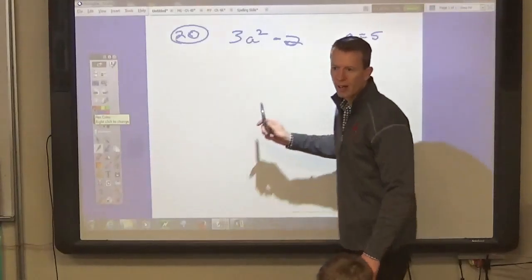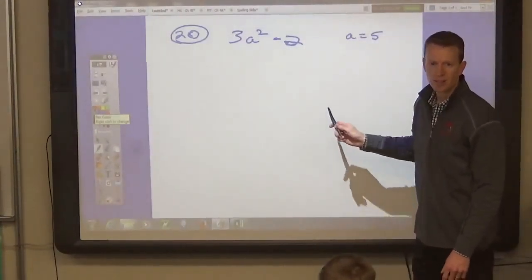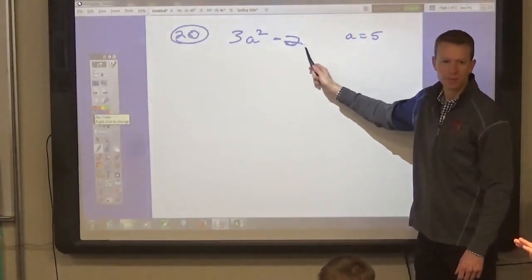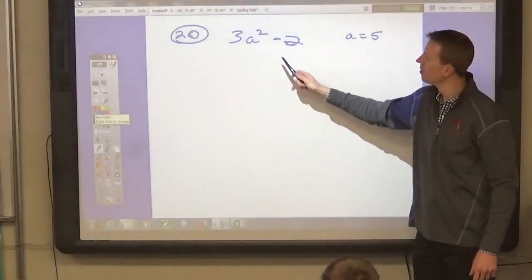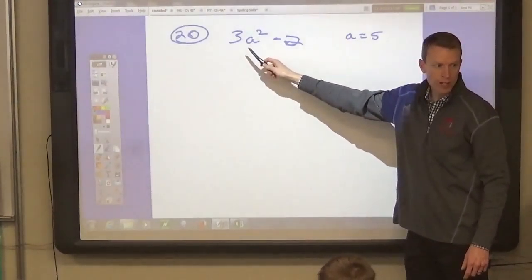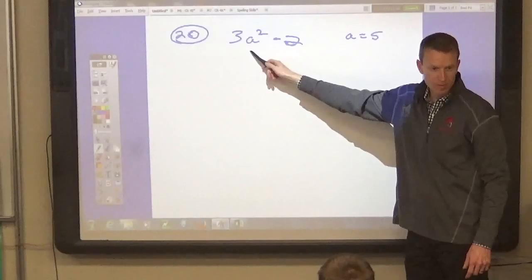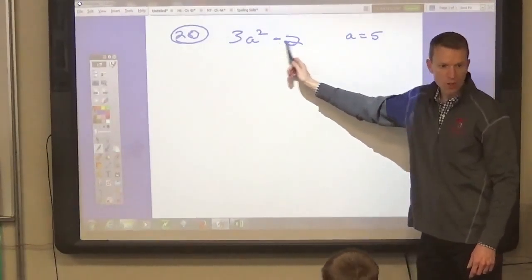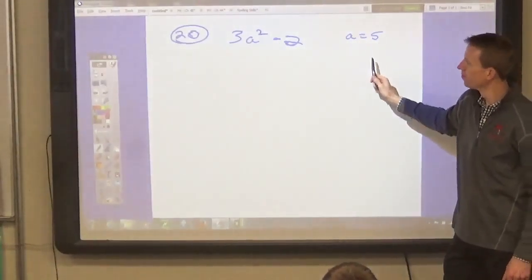What is being squared in the expression? Caleb? Yeah, which letter or number? A. So the 5 is being squared.